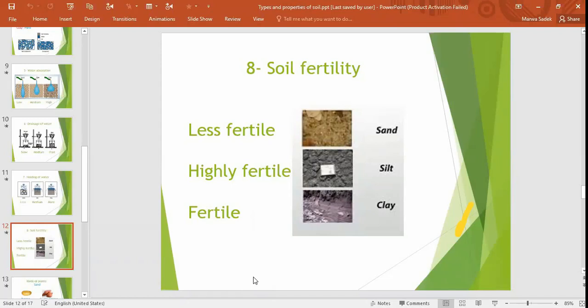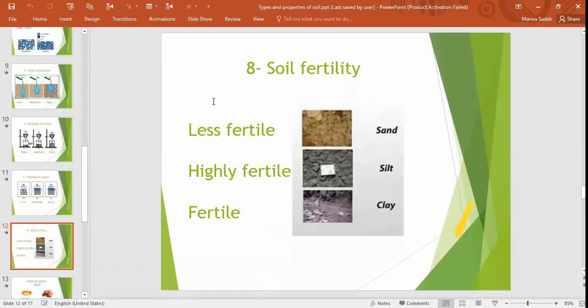But the soil with low fertility, this means in this type of soil we can't grow different kinds of fruit, vegetables and plants. Okay, so let's see which one of them is more fertile and which one is less fertile.